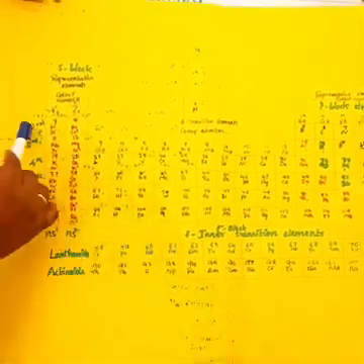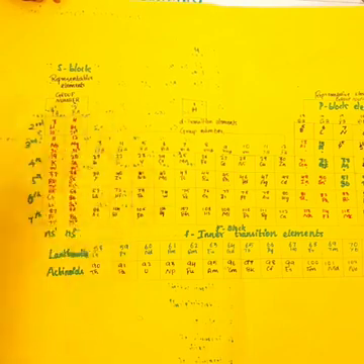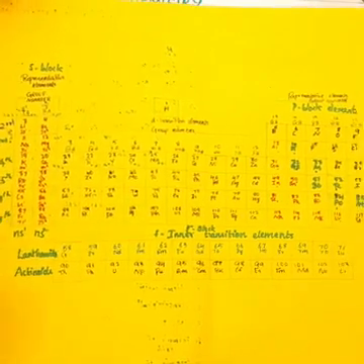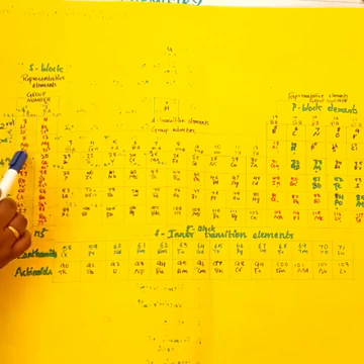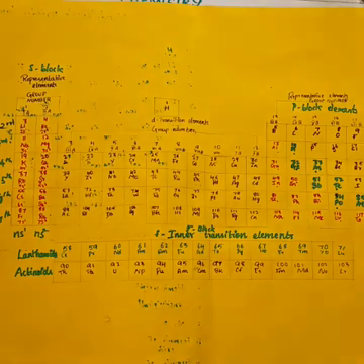The elements in each period start from the s orbital, ns1, where n is equal to the period number.